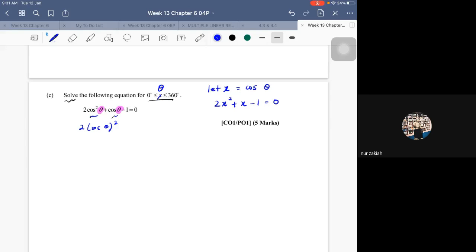Tadi you tak tahu kan macam mana nak solve kalau you jumpa equation macam ni. Okay, kalau you jumpa quadratic equation macam ni, kita nak solve, apa yang kita kena buat? Apa step nombor 1? So what would you do untuk solve quadratic equation ni?